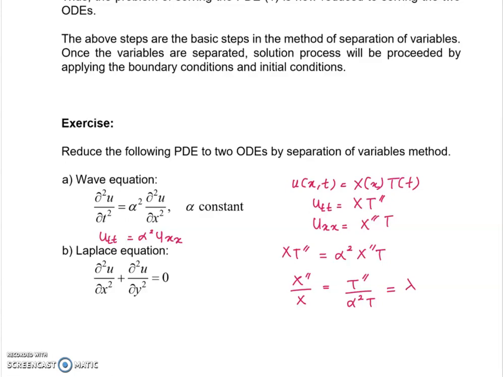If we rearrange, x double prime over x equals lambda, so x double prime minus lambda x equals 0, and this is equation 1. And t double prime minus alpha square lambda t equals 0, and this is equation 2.